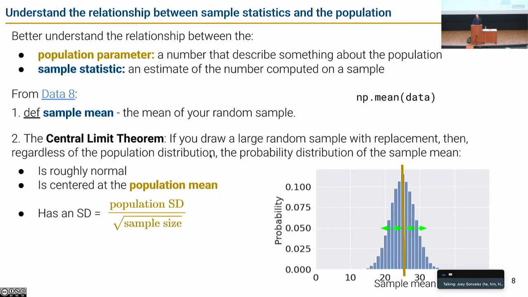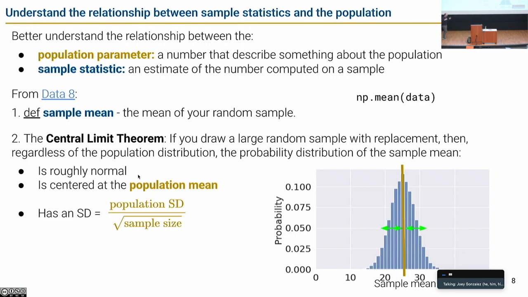If you draw a large random sample with replacement, then regardless of the population distribution, the probability distribution of the sample mean, the mean you compute on your sample, will be roughly normal for a big enough sample. It will be centered at the population mean, which is kind of cool. So the sample mean you get is probably going to be centered around the population mean. And if you do this repeatedly, you get a bunch of different samples and a bunch of different sample means.